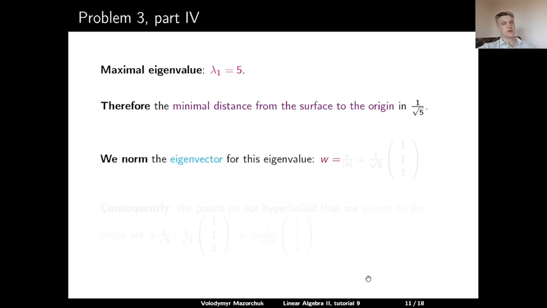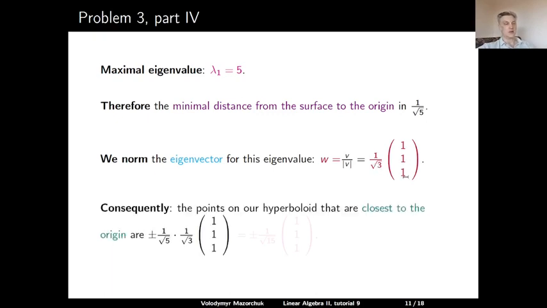We already know that 1, 1, 1 is an eigenvector, and in order to determine the points on the surface which are closest to the origin, we first norm this eigenvector, so we divide it by its length, and the length is the square root of 3. So the normed eigenvector is 1 divided by the square root of 3, times 1, 1, 1.